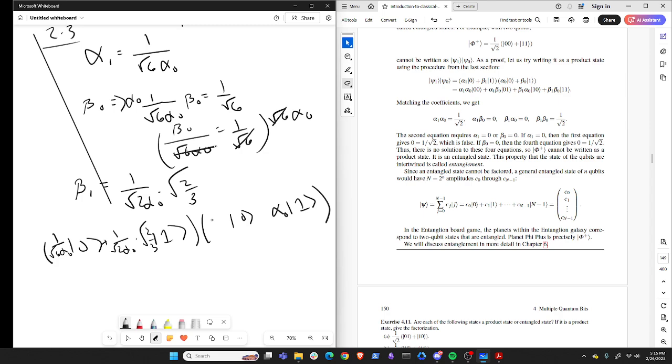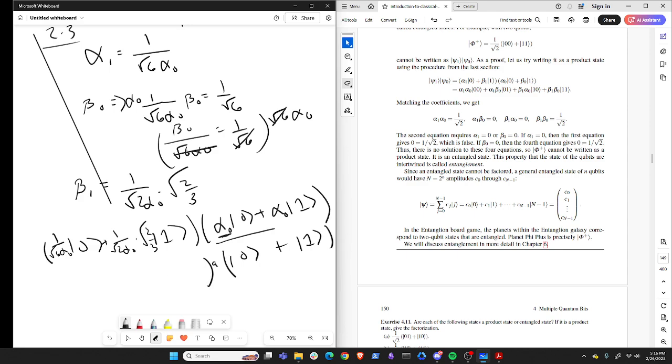And alpha 0 itself is equivalent to, we haven't isolated what this value is, but we can write it in here. So we can pull out alpha sub 0. So we're left with this on our second qubit. And then this alpha sub 0, we can distribute this through on this side.